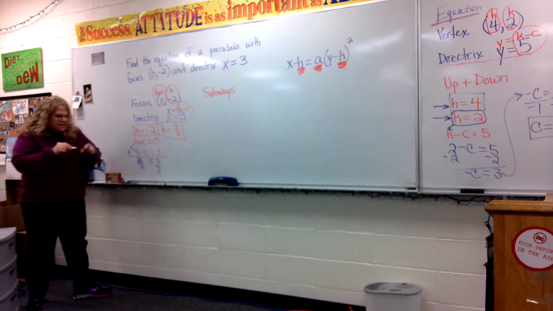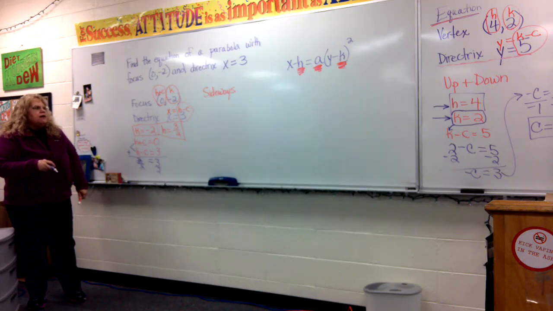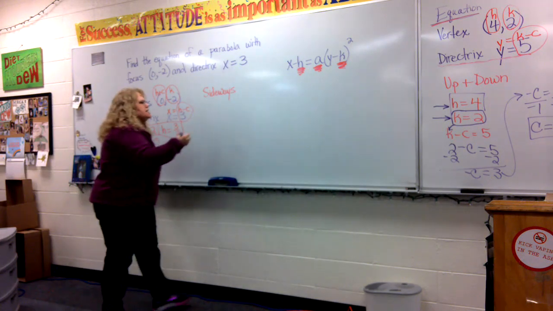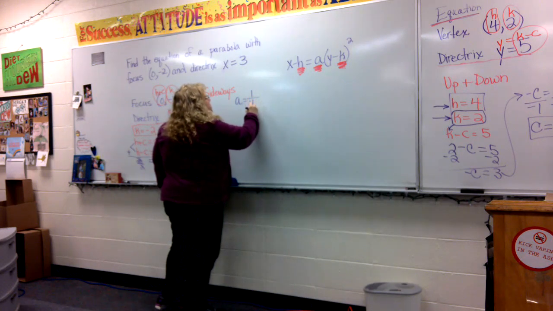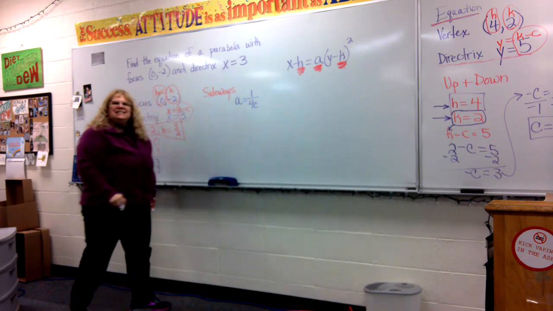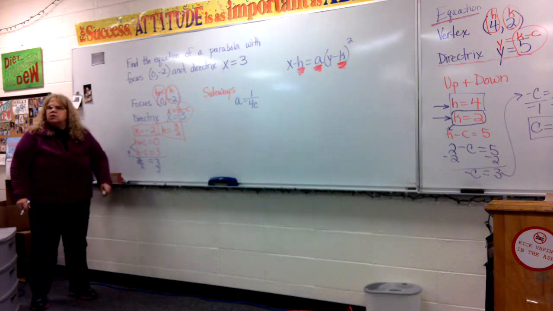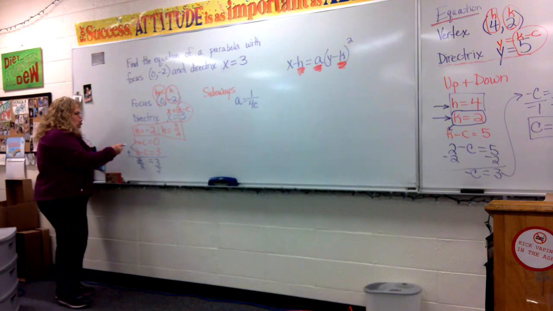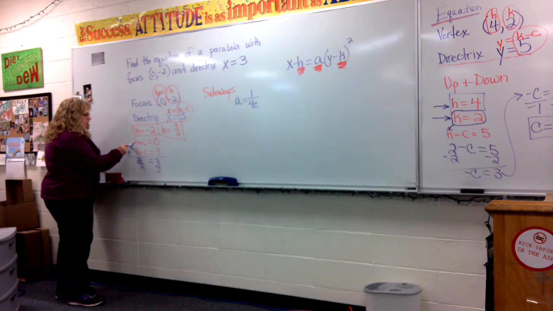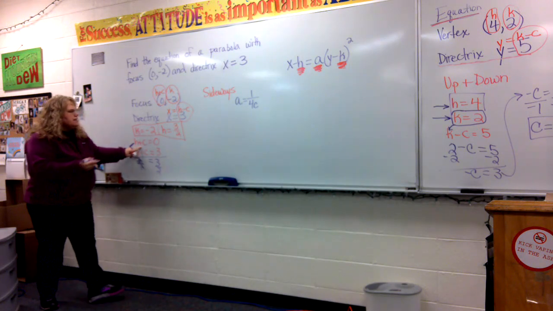What else do I need to get the equation? The a value. The only way to get a is through c. So I'm going to need the c value. How am I going to get the c value from this over here? You're going to need to take one of these. It doesn't matter which one.